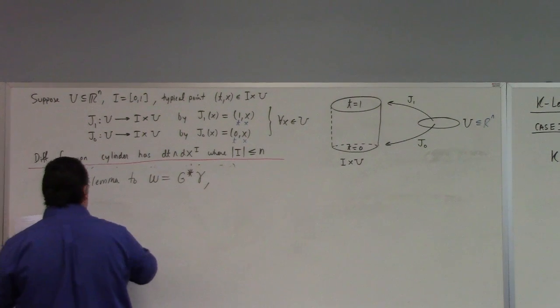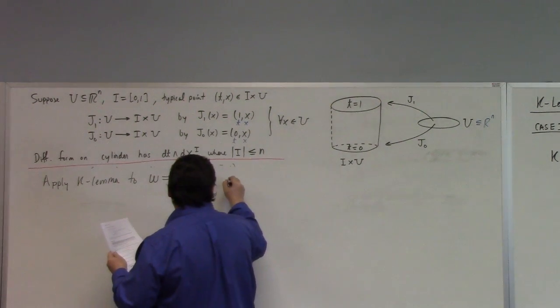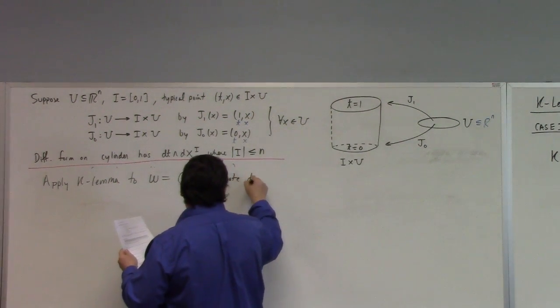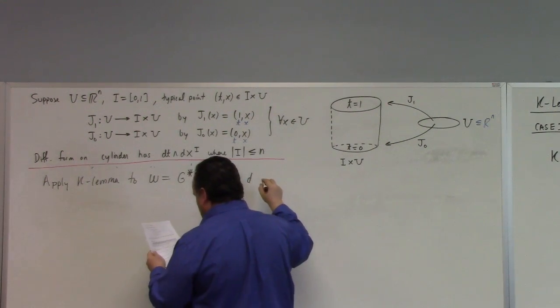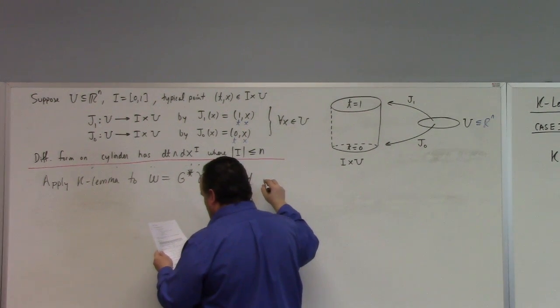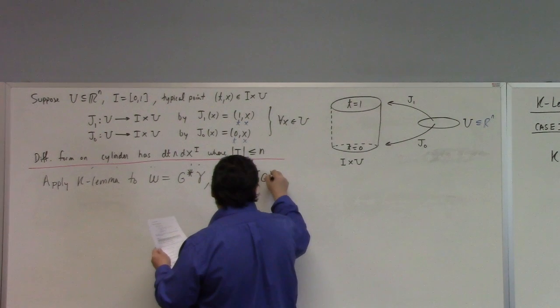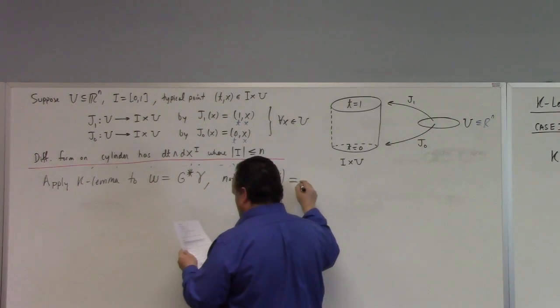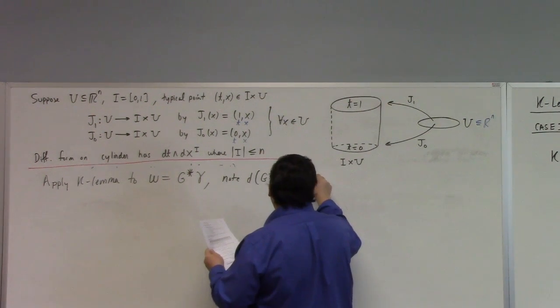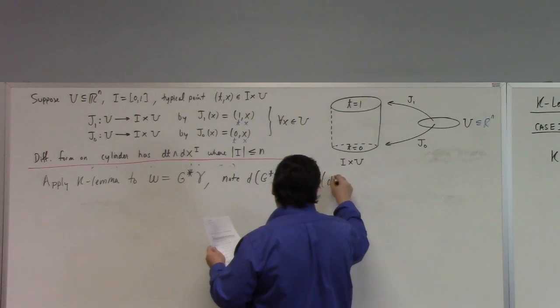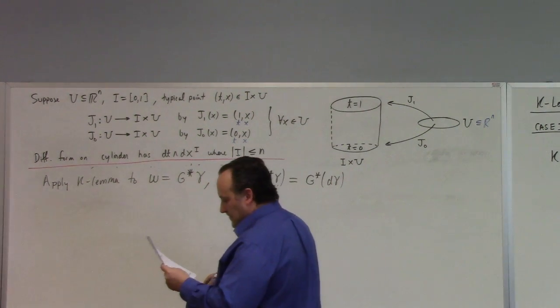sorry, one more other thing. I keep missing a step. Note, remember the differential commutes with the pullback, so we have the differential of G pullback gamma is also equal to the pullback under G of d gamma, all right?